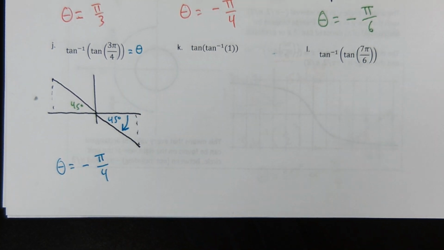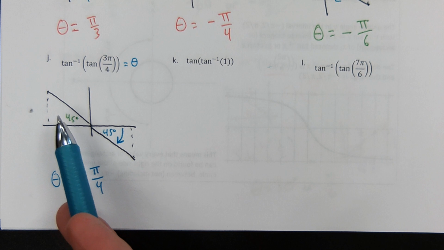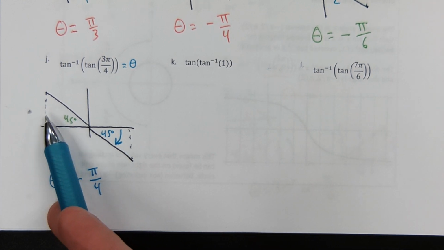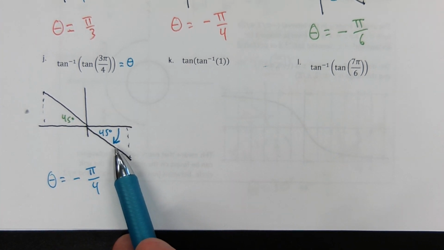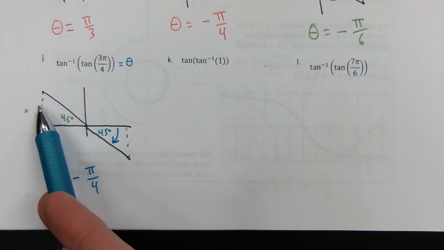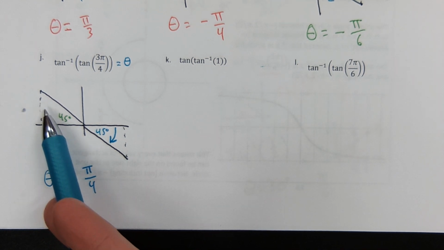And this is just like what Kelsey just asked. In this quadrant, tangent is negative, yes. But tangent inverse doesn't allow this quadrant. So it goes to a quadrant where it is allowed to produce negative results. Why is tangent negative? Because one of your variables here is positive while the other is negative. Y is positive, X is negative.